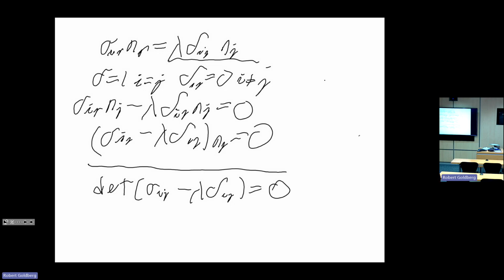This is what's needed to make this always true for any condition of stress.